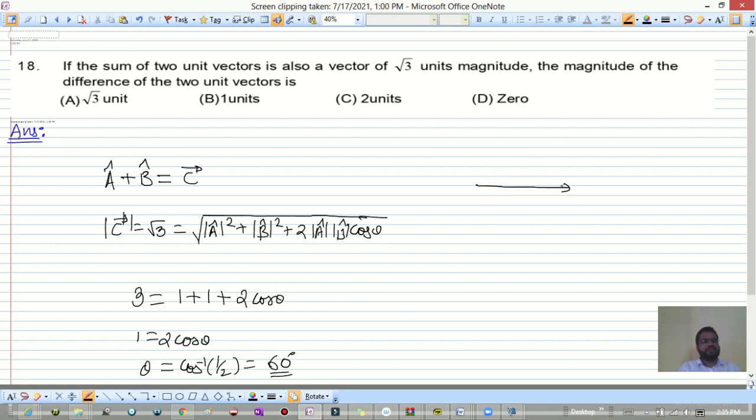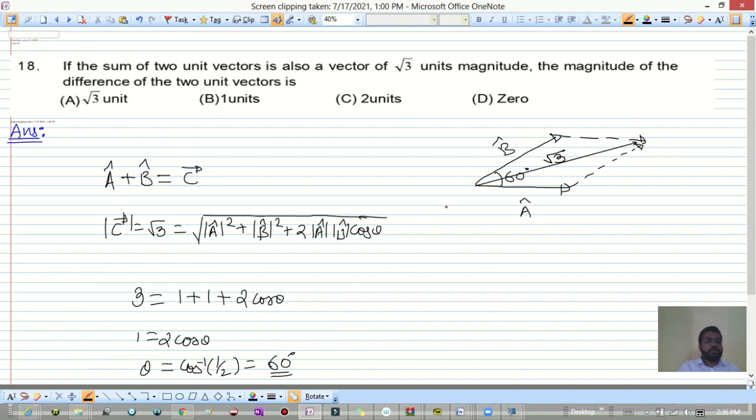Let us consider this is a hat and this is b hat. If they are placed at an angle of 60 degree, then you will get the resultant vector of magnitude root 3. Okay, now this is the root 3 we have.